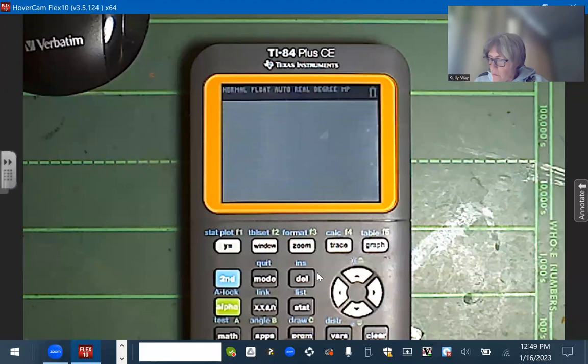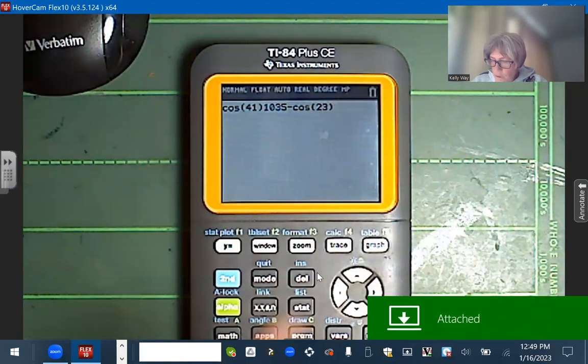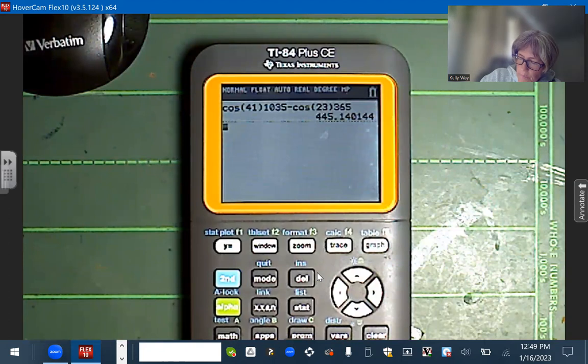So watch, cosine 41 times 1,035 minus cosine 23, close the parentheses on the outside, times 365. Enter. 445.1. You're getting the same thing.